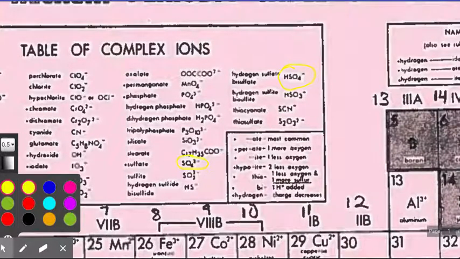It's bonded to 1 hydrogen, and so now it has the formula HSO4 minus. It's not H2SO4 because that is when it's an acid and it does not have an overall ionic charge. If it bonds with a single hydrogen, it still has a bit of a charge because it had a 2 minus charge. Bonding it to the hydrogen gives it a 1 minus charge.